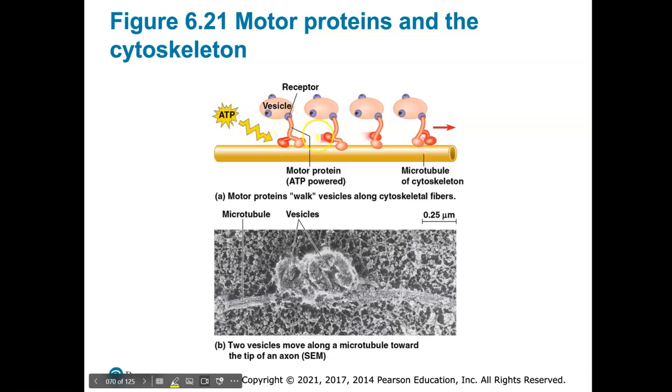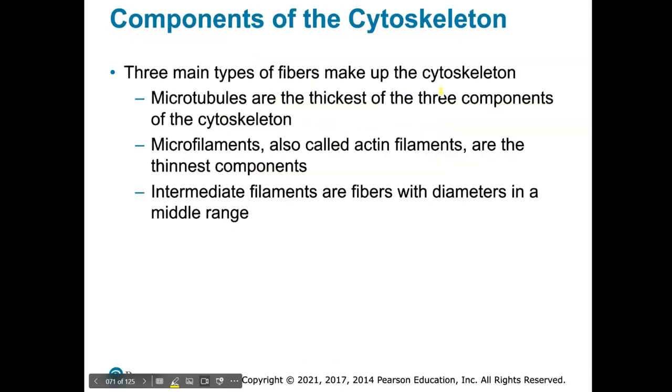The motor protein changes the position of its little feet, and it walks along these tracks until the vesicle reaches its destination. So that's one of the functions of microtubules.